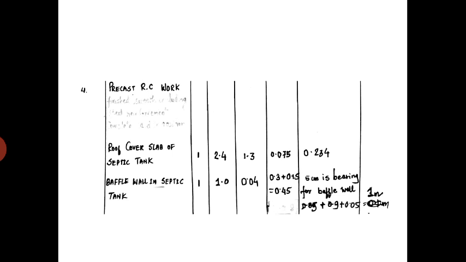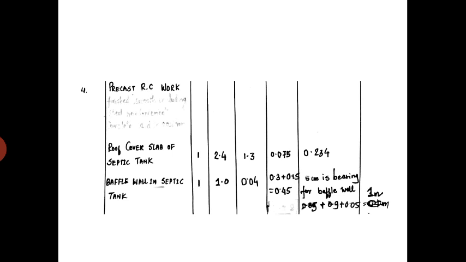Then 1.3 is the breadth, that also they have mentioned in the section. And the height we can see is 1.3, that is 90 plus 20 plus 20.